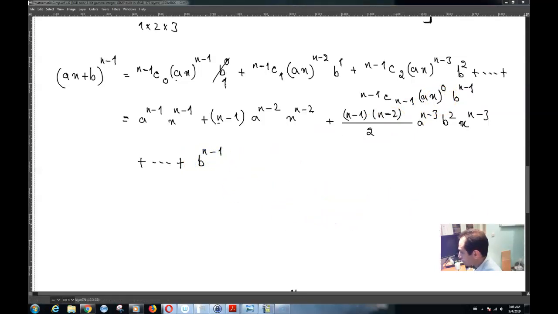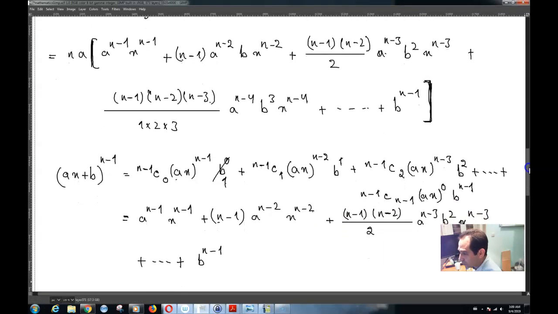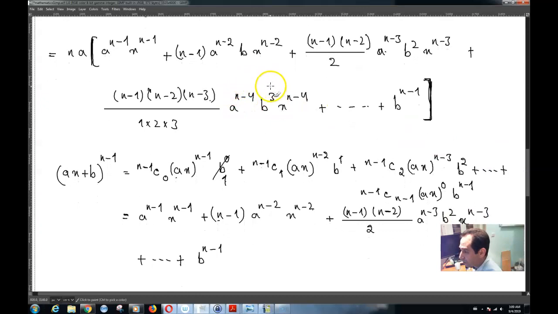So now if I go back to this part over here, it was basically a raised to the power n minus 1, x raised to the power n minus 1, plus n minus 1 times a raised to the power n minus 2 times b, there is supposed to be a b over here as well.